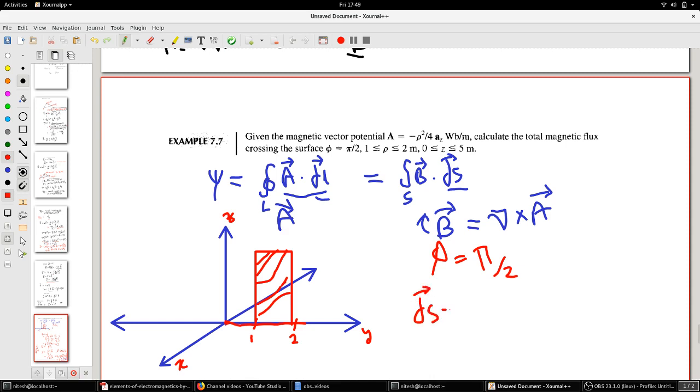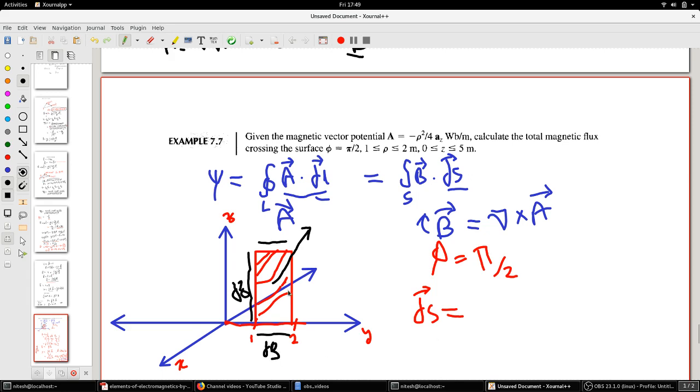Its magnitude will be this unit multiplied by this unit: this side is dz, and this side is d rho.